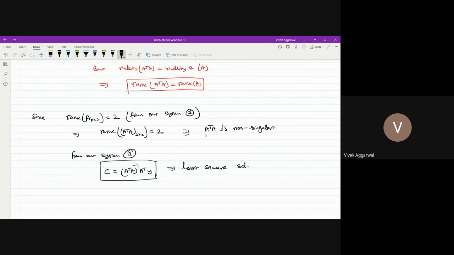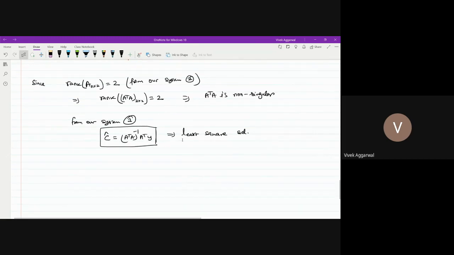If I take the solution for C, then I can call it C hat. So C hat is not exactly C, but it is going to give you the approximate value of C, such that the line is not passing through all the points, but passes close to all the points.